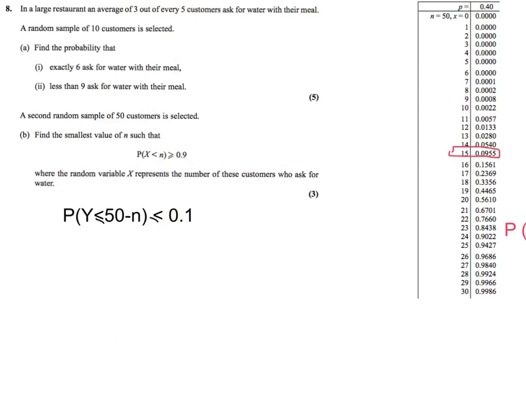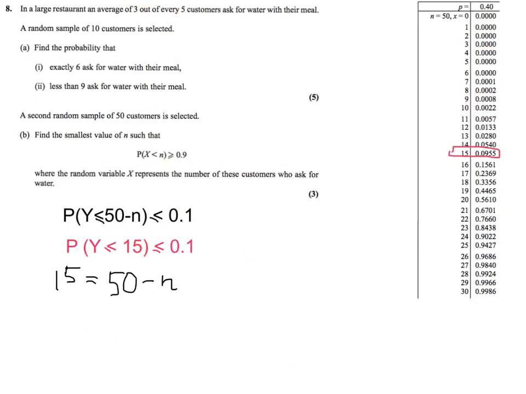So in other words, that's showing us that the probability that y is less than or equal to 15 is less than 0.1, that's exactly what that is. Now we can clearly see from that we've not got our answer yet because n isn't equal to 15. 15 is in fact equal to 50 minus n. We can see that straight from here. This is clearly equivalent to this.